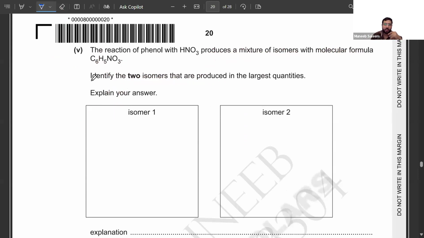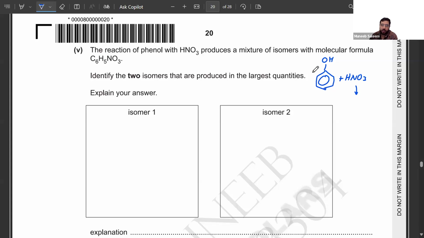Okay, so it says that the reaction is between the phenol. So phenol, this is not O, this is basically the ring of the electrons. So this phenol is reacting with the nitric acid, and we know that when this reaction occurs, there is a substitution of a nitro group on the phenol compound.